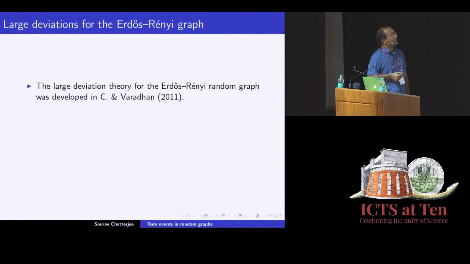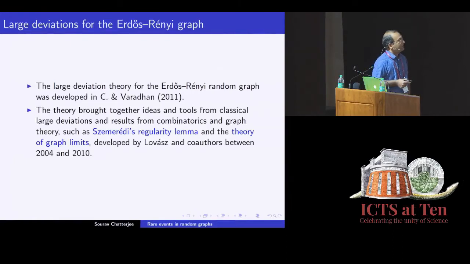So what do you do? For this particular problem, this was developed in a paper that I wrote with Raghu Varadhan. And this used Szemerédi's regularity lemma and the theory of graph limits developed by Laszlo Lovász and co-authors, a long list of eminent people, including two who are present in the audience here, Jennifer and Christian. It's a big development, lots of very important papers, and luckily we now have a book.